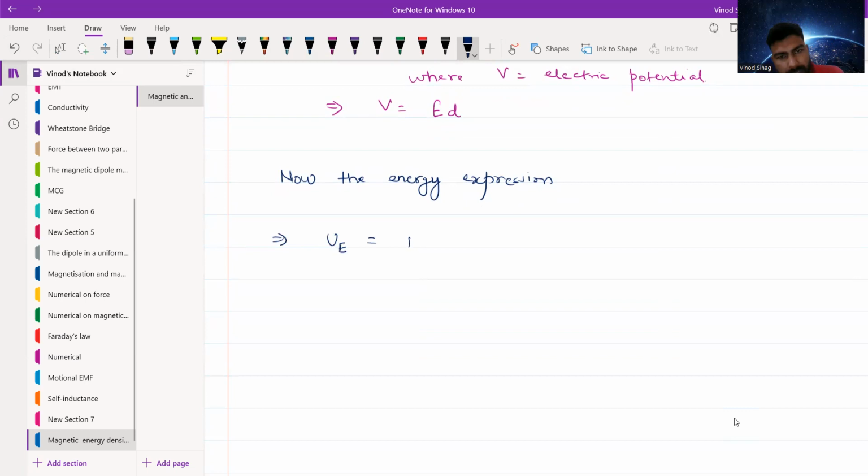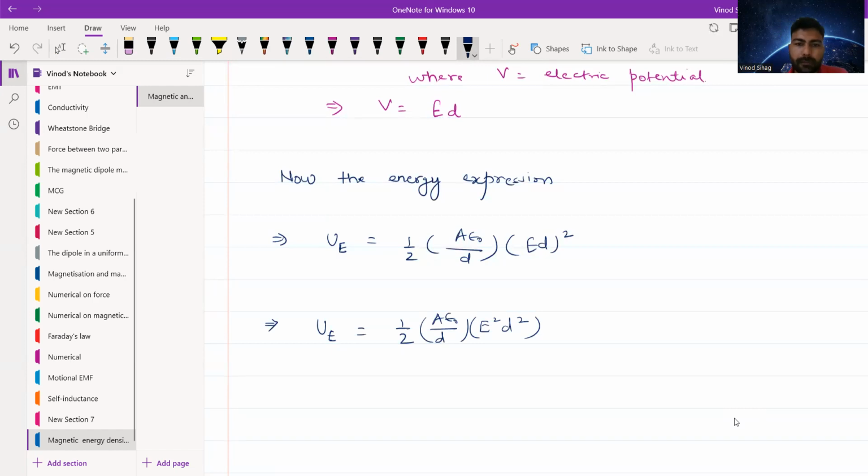The equation will become 1 by 2, in place of C we write A epsilon naught by D, and in place of V we write E into D, squared. So it becomes 1 by 2 A epsilon naught by D and E square into D square.